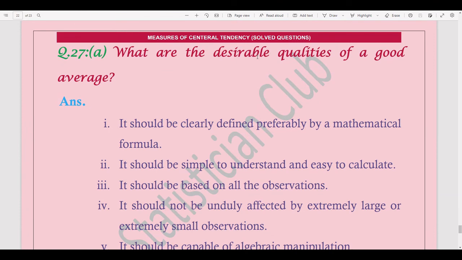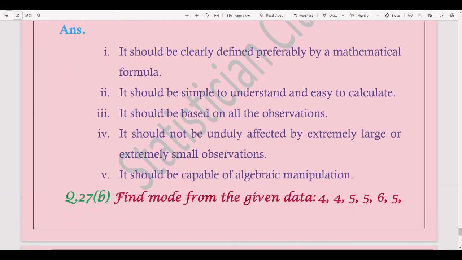Question number 27. What are the desirable qualities of a good average? Number 1. It should be clearly defined, preferably by a mathematical formula. Number 2. It should be simple to understand and easy to calculate. Number 3. It should be based on all observations.